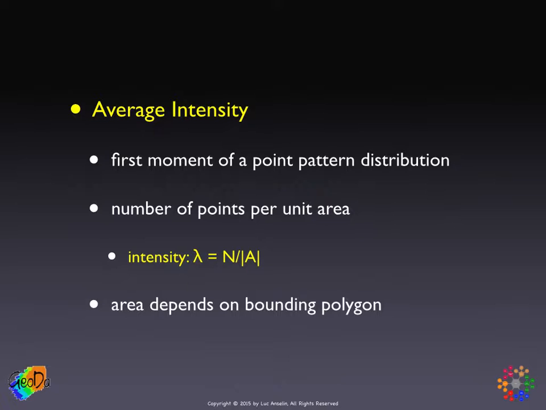Now, a very important aspect of the measure of intensity is you basically count all the points in a given area, but the question is, what is the relevant area? And the relevant area is determined by what we call a bounding polygon.